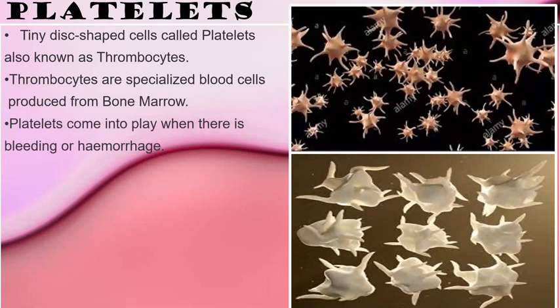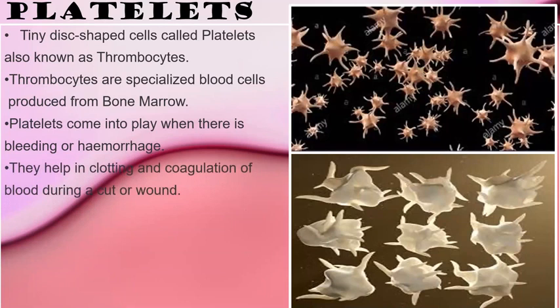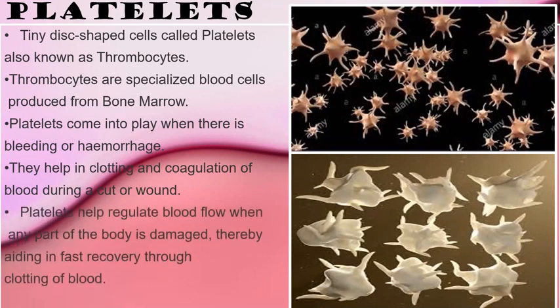Platelets come into play when there is bleeding or hemorrhage. They help in clotting and coagulation of blood during a cut or a wound. Platelets help regulate blood flow when any part of the body is damaged, thereby aiding in fast recovery through clotting of blood.